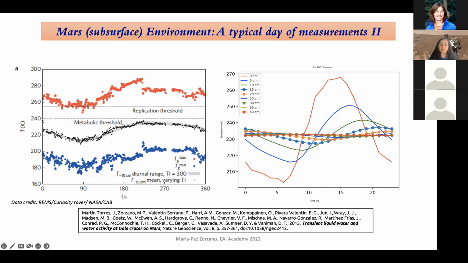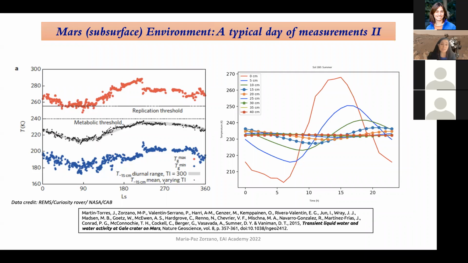The graph on the left is showing actual measurements provided by REMS at Gale Crater. The red line, or the red dots, represent the highest temperature measured every day, and the blue one represents the lowest one. So all the temperatures within one day are oscillating within that temperature range.